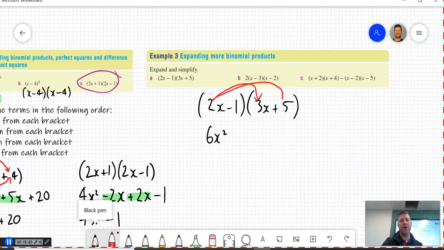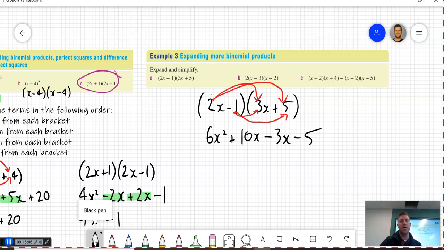The outer two terms, 2x times positive 5 is plus 10x. The inner terms, minus 1 times 3x is minus 3x. And then the last term from each bracket is minus 1 times positive 5, which is minus 5.